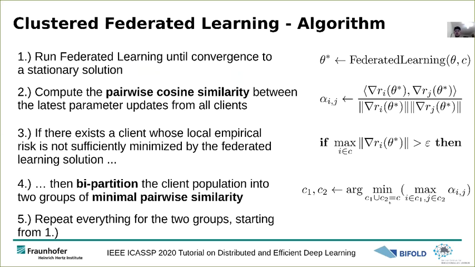So we look for the bipartitioning into two clusters C1 and C2 that minimizes the maximum pairwise cosine similarity between the clusters, right? And then we just start over again and do everything from the start.